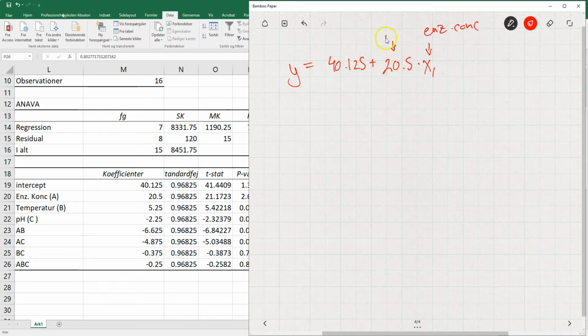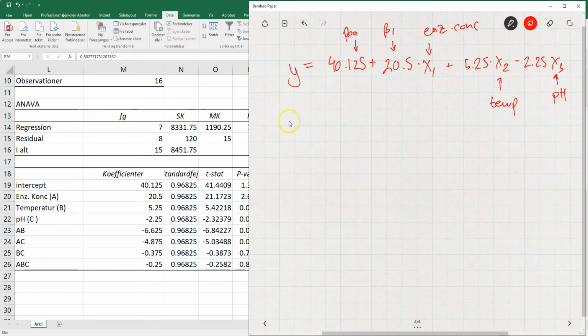And this is what we would call beta 1, this is beta 0. And then we have 5.25 times x2, where this is the temperature. And we have minus 2.25 times x3, this is the pH.